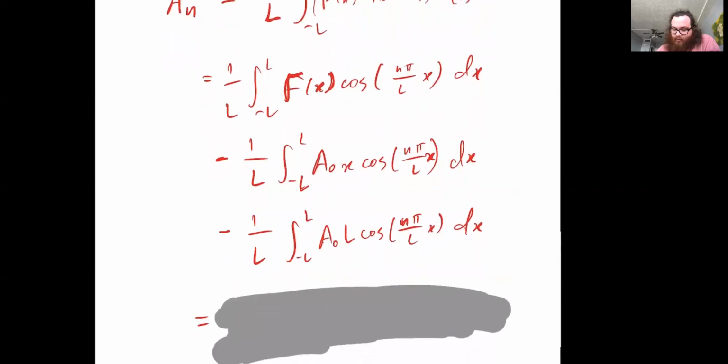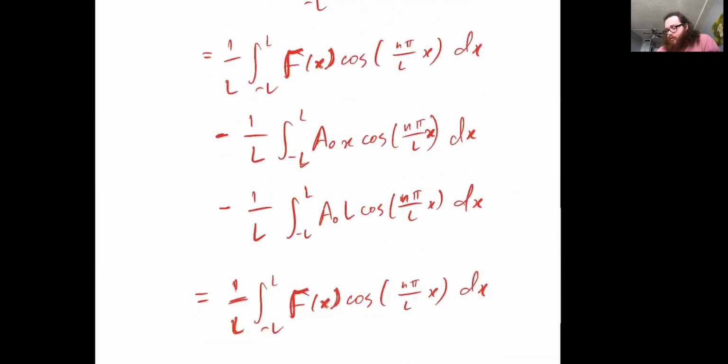So what do we end up with? We end up with just the first term, 1 over L, integral from negative L to L of capital F of x cosine of n pi x over L. Keep in mind that this function capital F of x, I can write it again, was the integral from negative L to x of f of x dx.